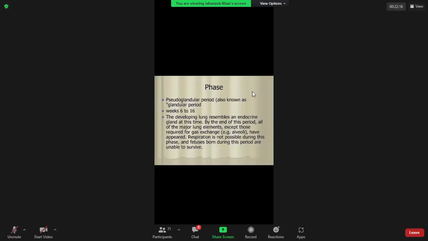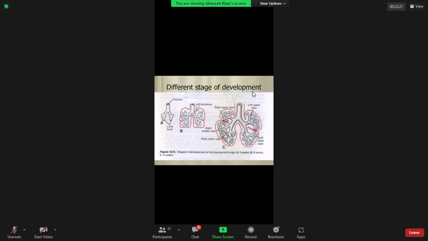So these are the diagrams of it in which you are seeing this phase again, in which you are seeing the lung part, the left bronchus and the right bronchus, which are comparatively lower, left and right. Along with that, the development of the lung in diagram C, in which you are seeing the primary bronchi, the secondary bronchi, the terminal bronchi, and the alveolar sacs in it, all the structures getting compiled into the complete lung.